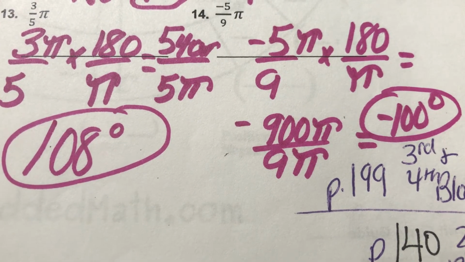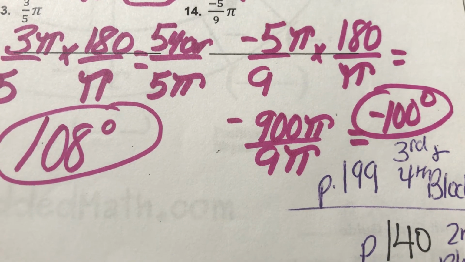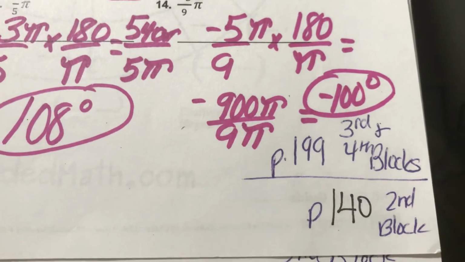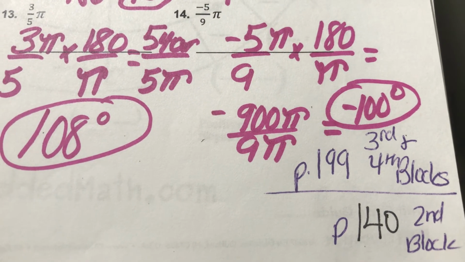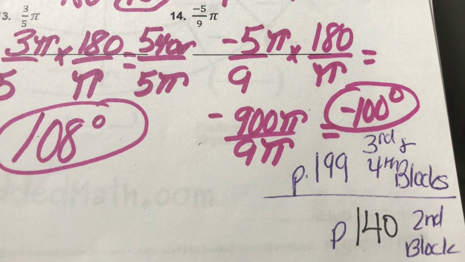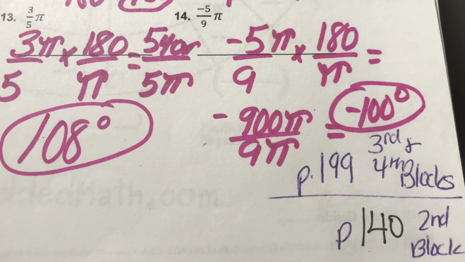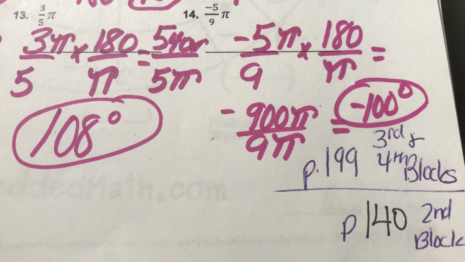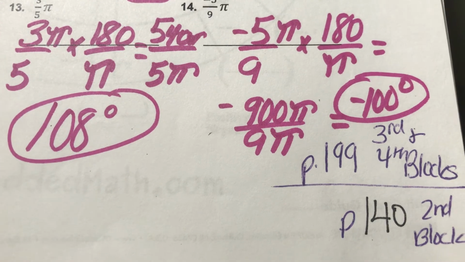And number 14, again, radians to degrees, multiply by 180 over pi. And if you simplify, you get negative 100. So when you convert radians to degrees, you're going to have pi on top and pi on bottom, which will cancel.